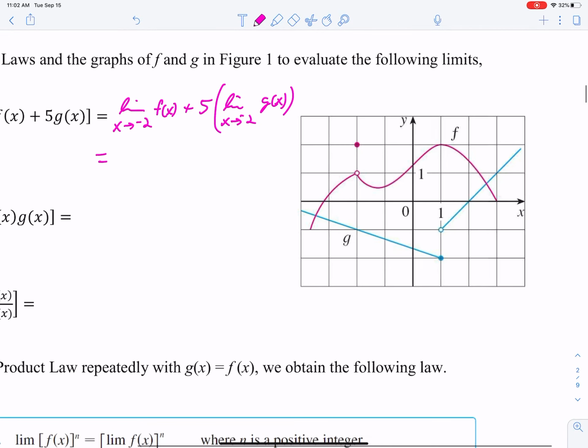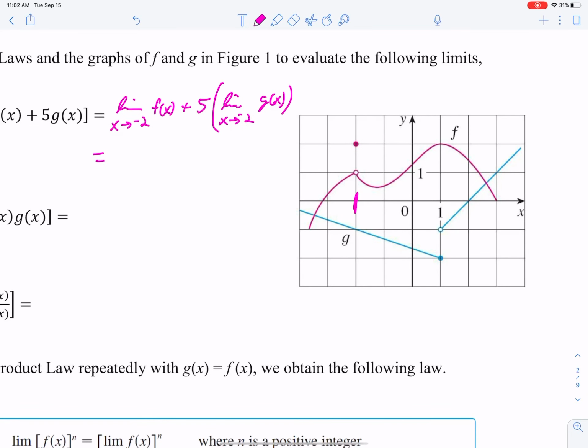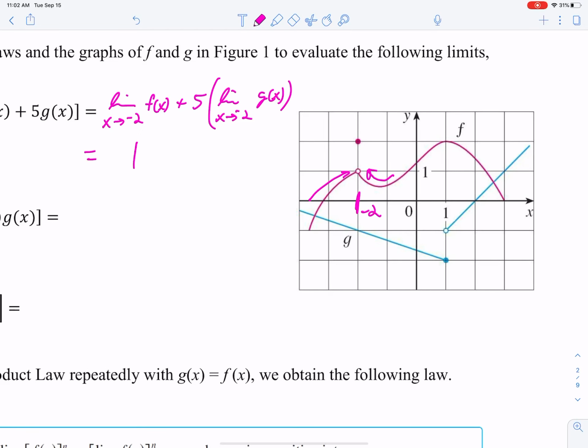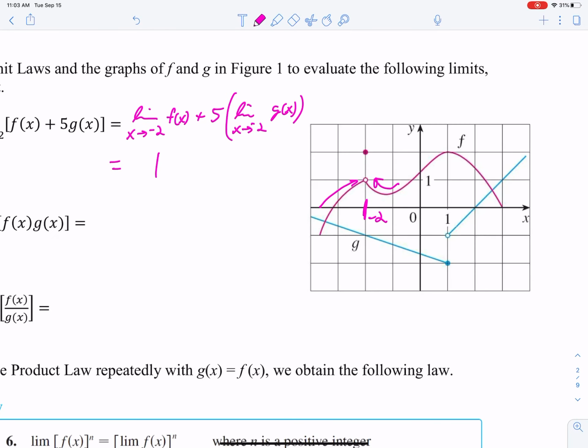The limit as x approaches -2: here is -2 on the x-axis. f is the pink function, so we follow from both sides. Remember that rule? The limit must be equal from both sides. We can clearly see that limit is 1, because it's the same from both sides.